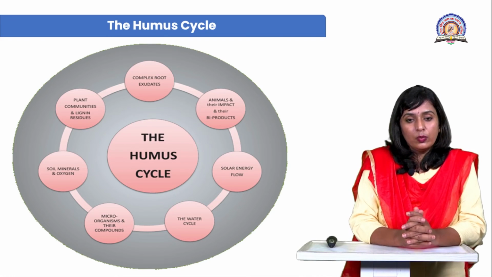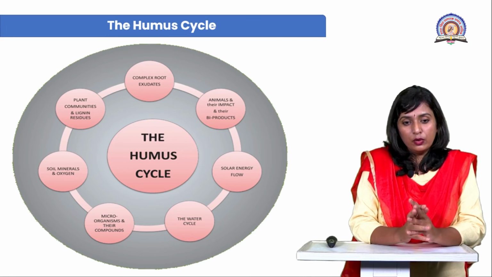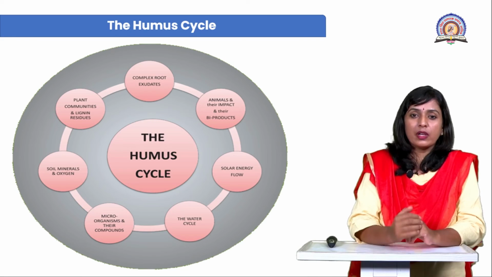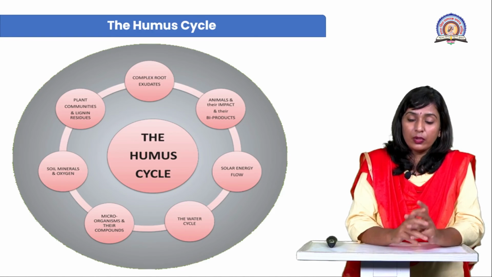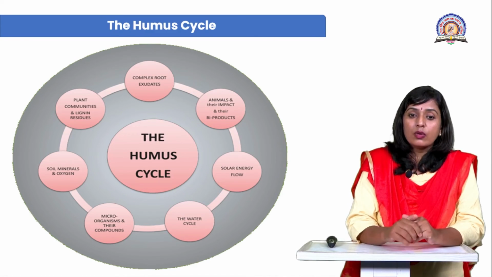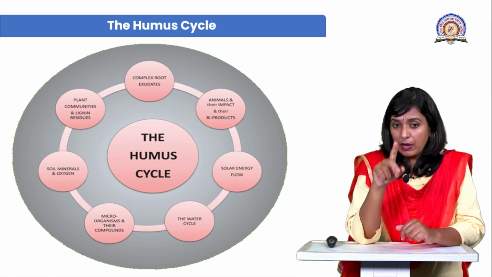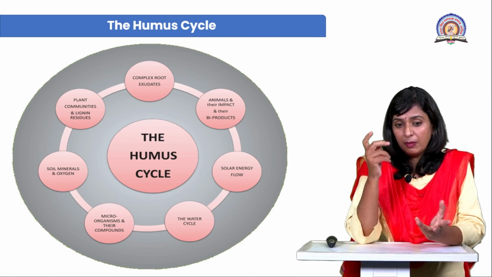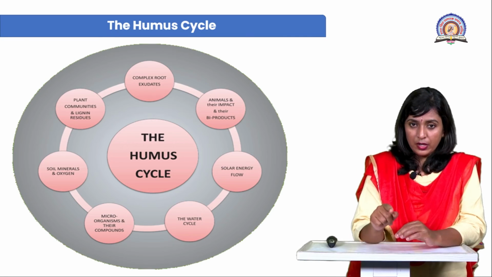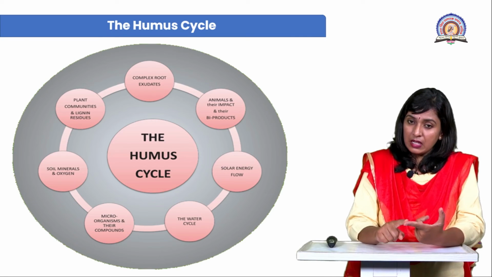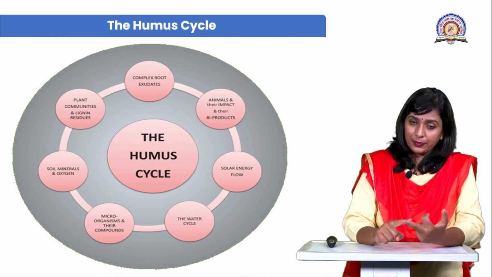Okay. So what happened exactly during the humification? We have studied not many points, right? Here in this picture, we're going to summarize all together. So animal as well as plant product, animal as well as plant byproduct. What happened with them? In presence of solar energy, that is in presence of sunlight as well as in presence of water, right?